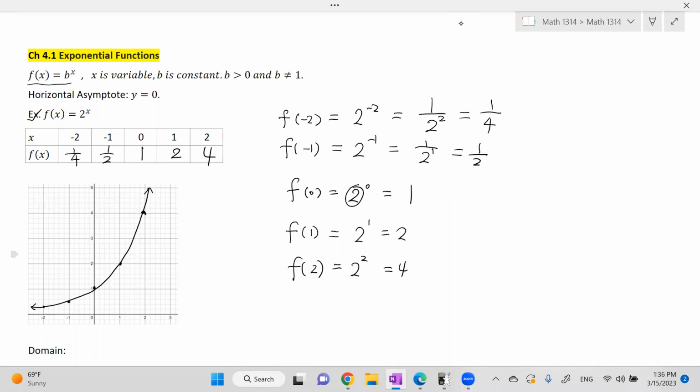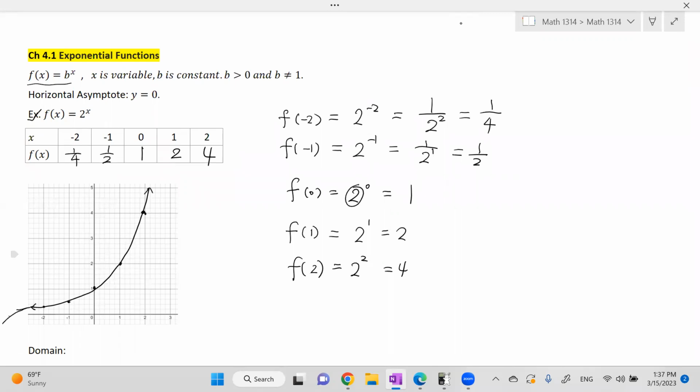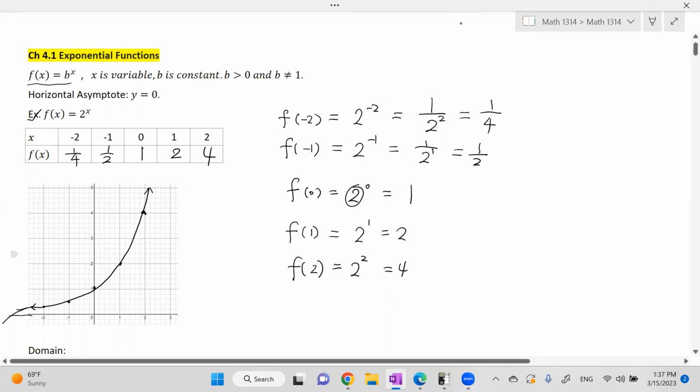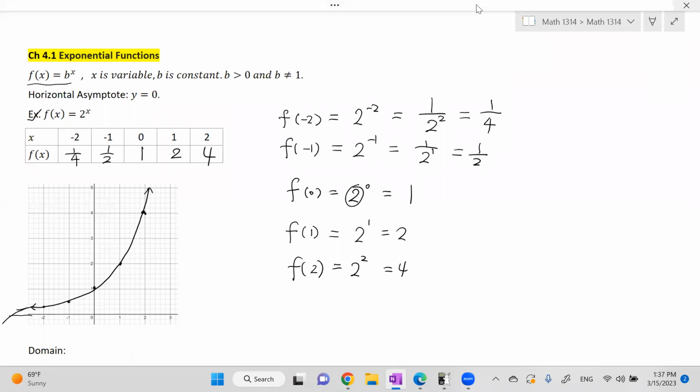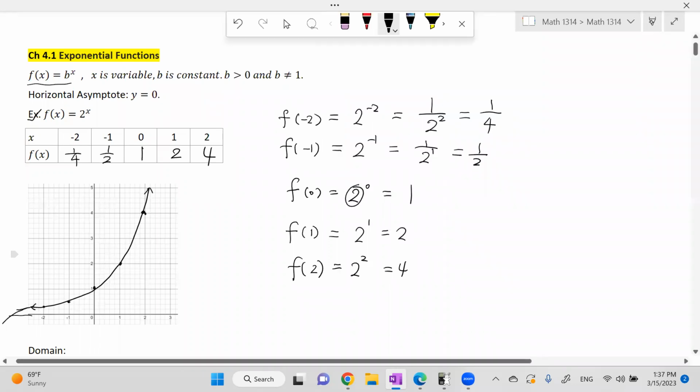Is there any chance that on the left side there is an intersection between the graph and the x-axis? No, never. Because when we are going in the negative direction, x is approaching negative infinity.